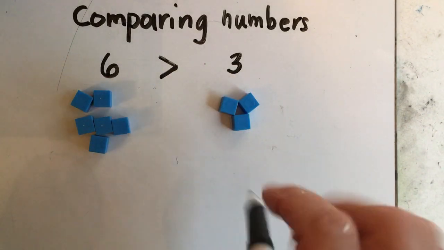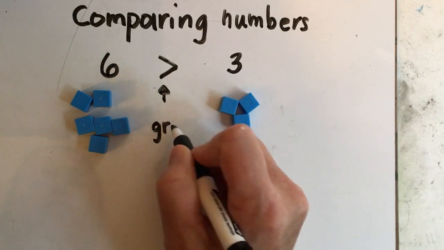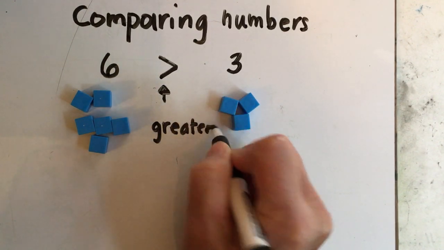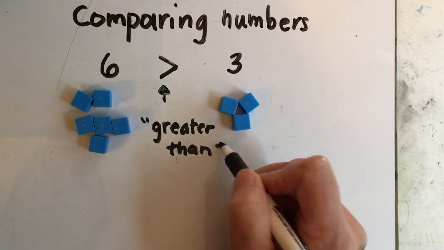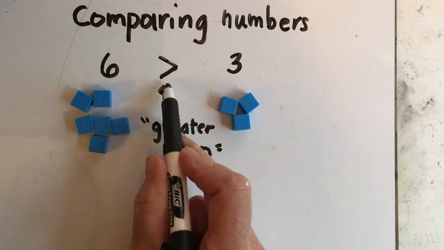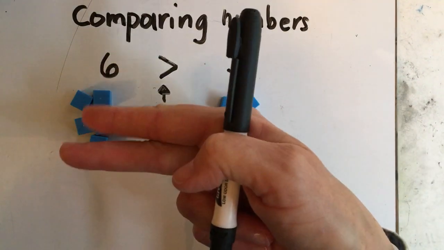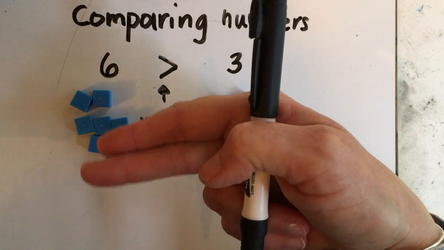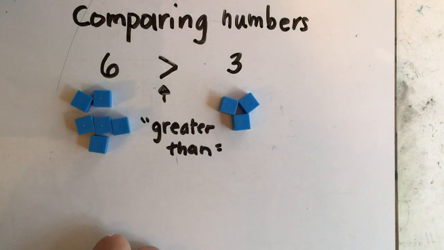So this symbol right here means greater than. And it is always going to mean that when it looks like this, when that open big mouth is pointing towards the left. So it's always going to mean greater than.